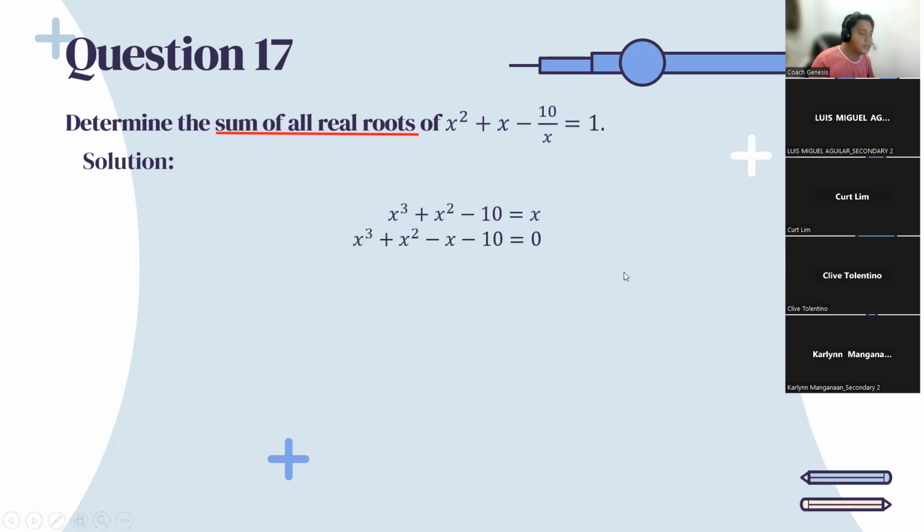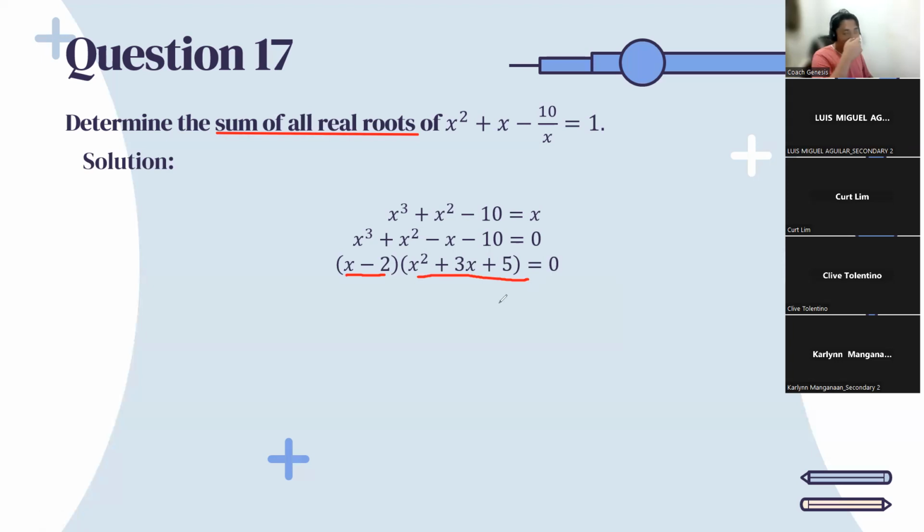And then that will just be x cubed plus x squared minus x minus 10 is equal to 0, which will then factor as x minus 2 multiplied by x squared plus 3x plus 5 is equal to 0. Now, here you have x is equal to 2.